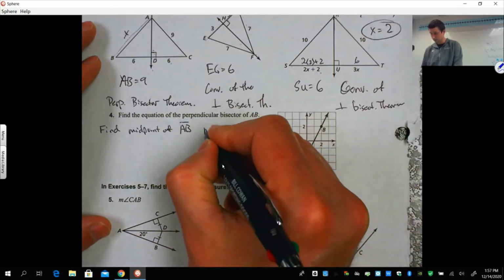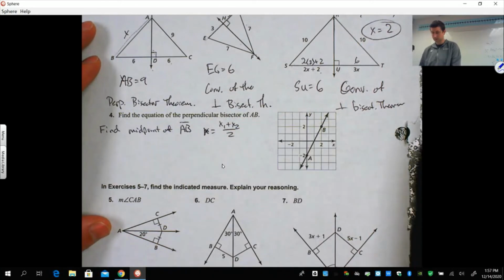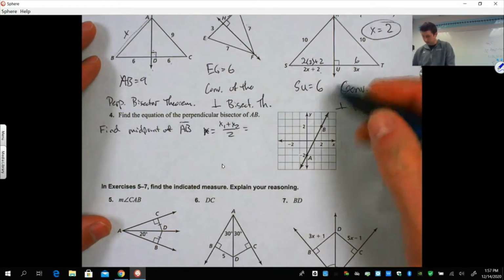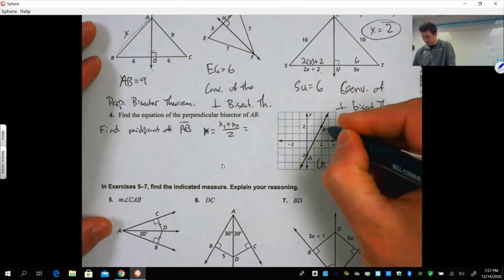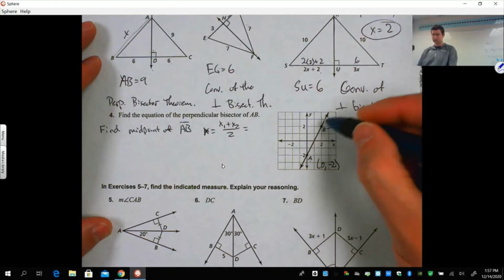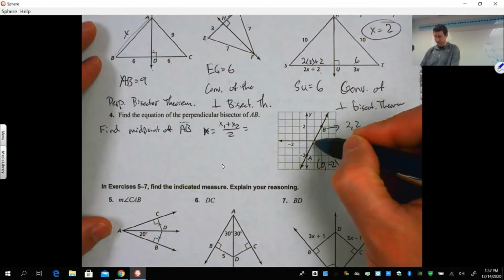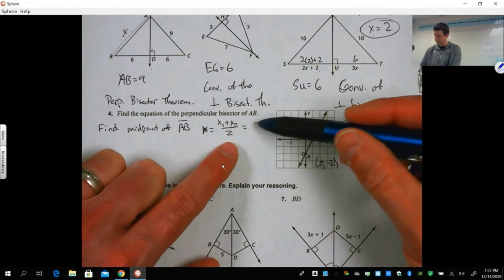So for the midpoint, your x is going to be x1 plus x2 divided by 2. In this case, my x values, A is at 0, negative 2. B is at 2, 2. You can kind of look at this too and see, okay, midpoint should be right there. So here's the formula. X is x1 plus x2 divided by 2.